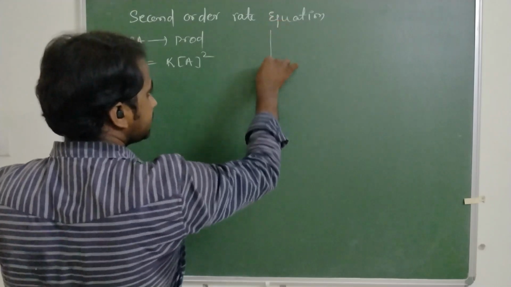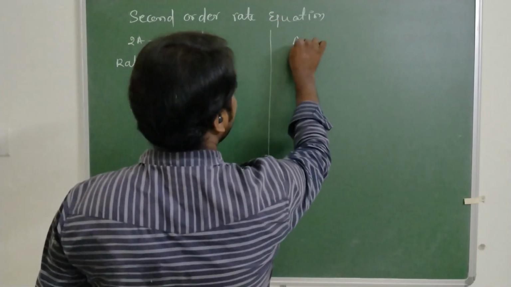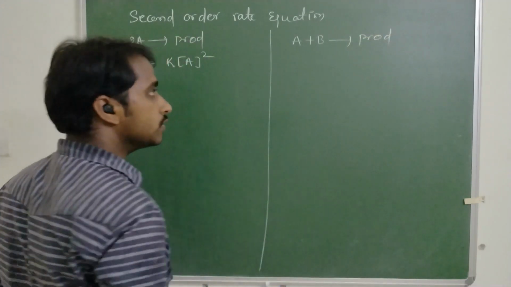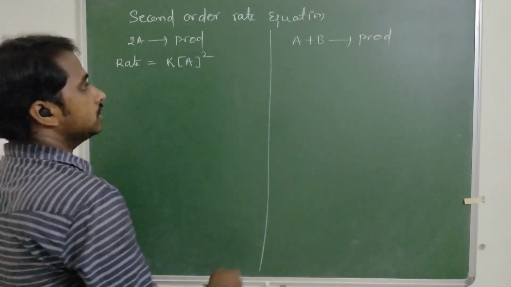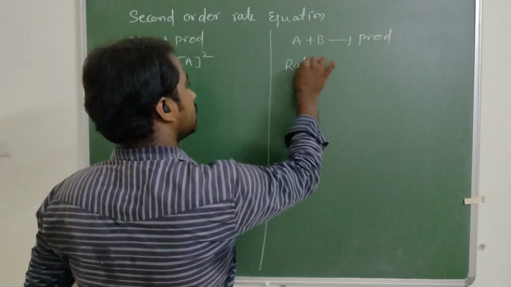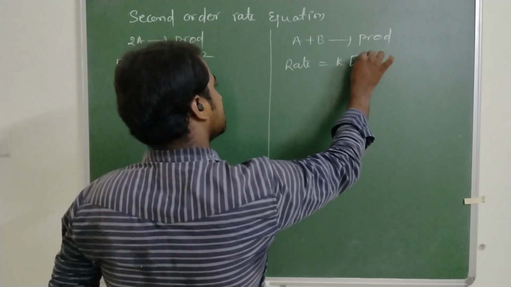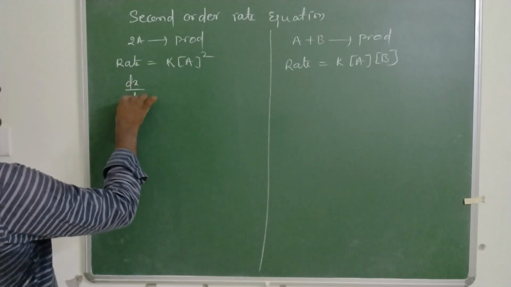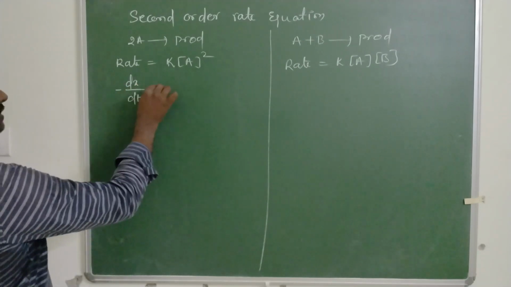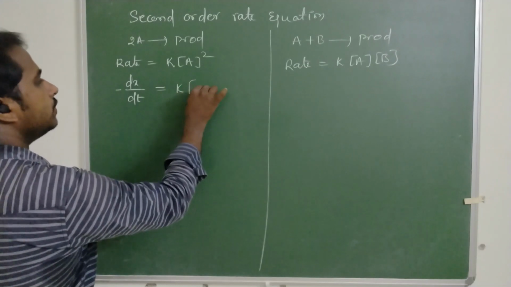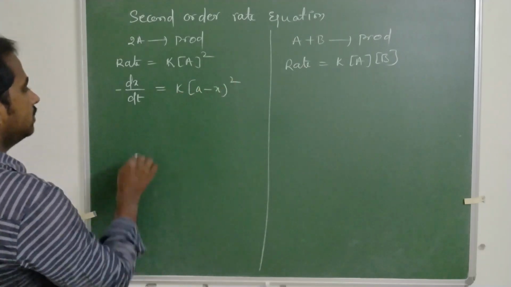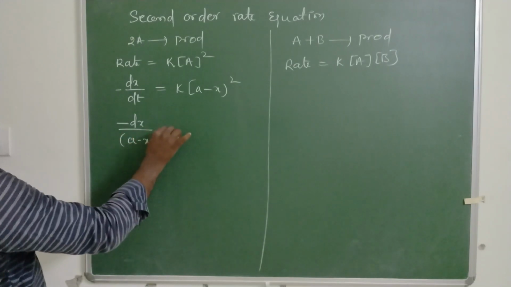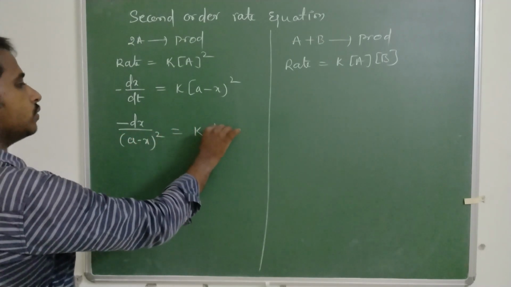And the second case is A plus B gives rise to products. So this is also a case we have. Now in this case rate is equal to k into concentration of A and concentration of B. We can write rate dx by dt is equal to k into (a minus x) whole square. So now dx by (a minus x) whole square is equal to k into dt.